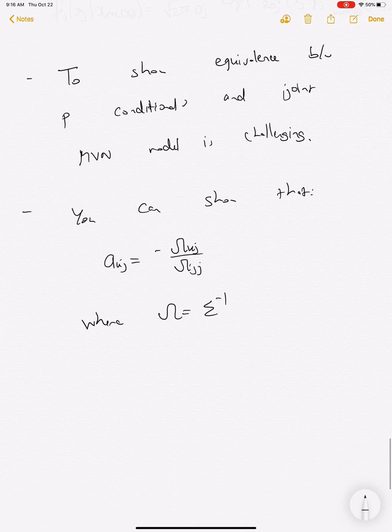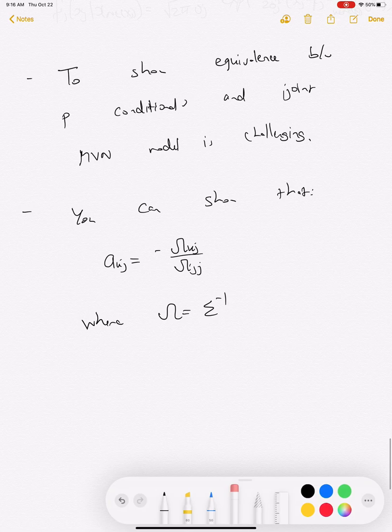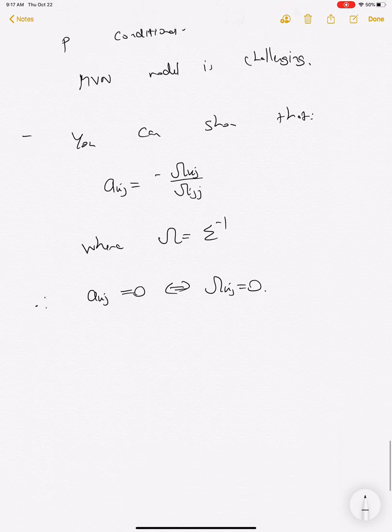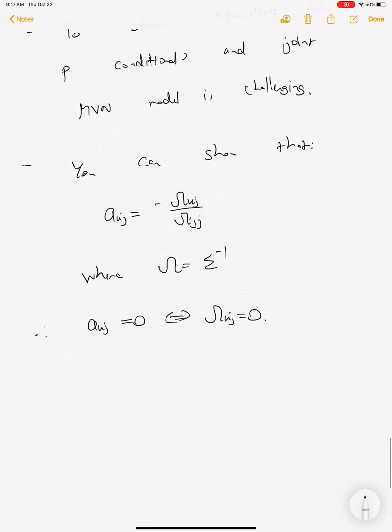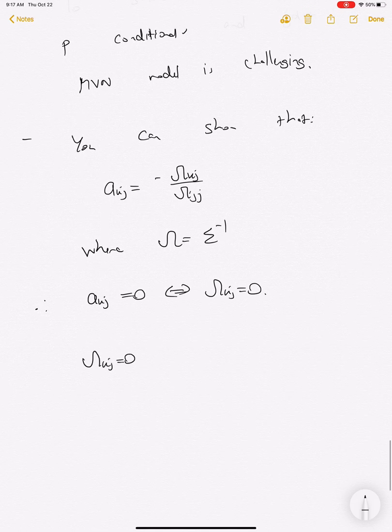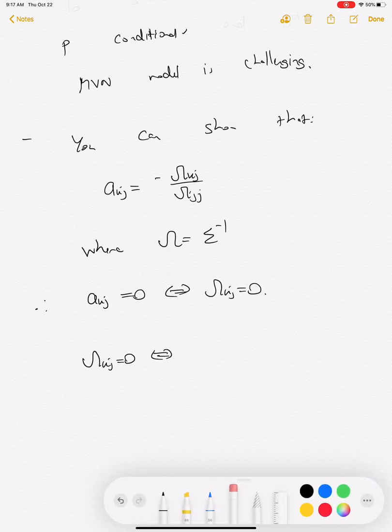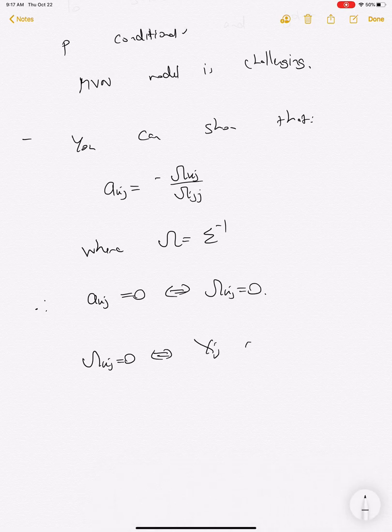So therefore you can see that akj equals 0 if and only if omega kj equals 0. And this is where that structure comes in, because if omega kj equals 0, that implies that xj and xk are not neighbors.